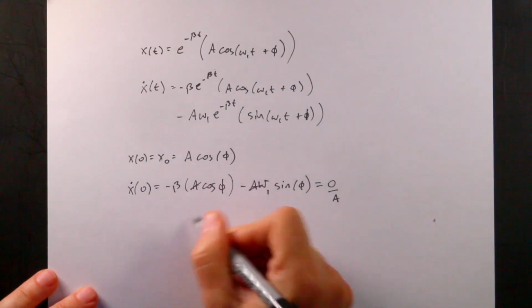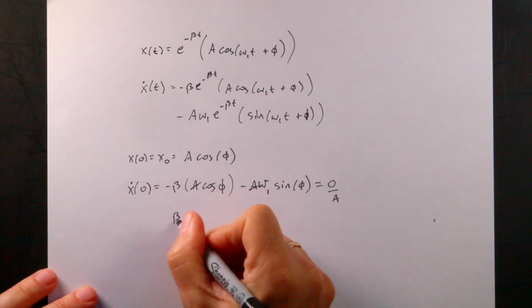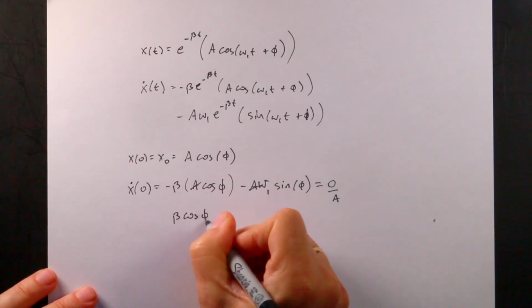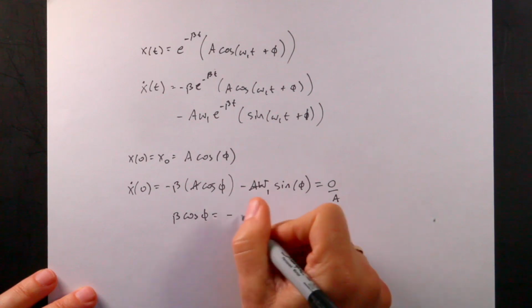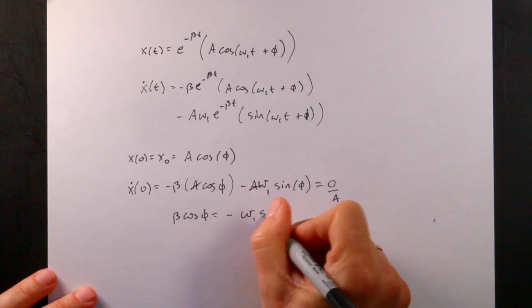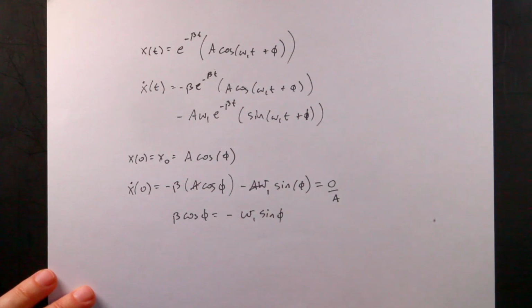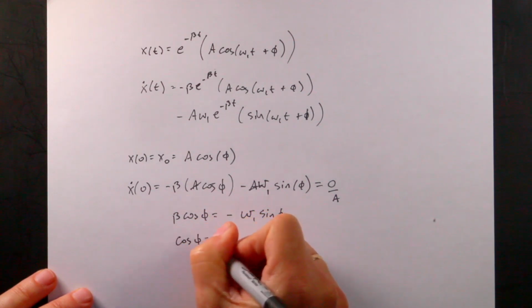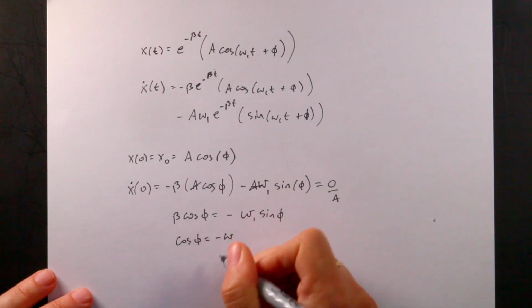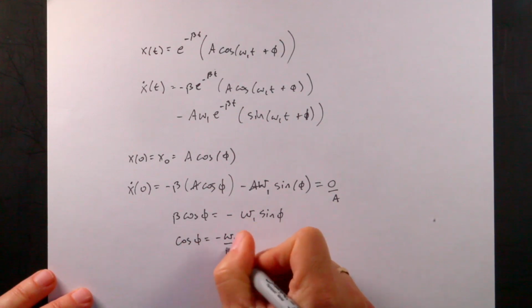Then I get beta cosine phi, and I'm going to move that to the other side, is equal to negative omega 1 sine phi. Is that right? If I move that, yeah. And then I'm going to divide both sides by beta, and I get cosine phi equals negative omega 1 over beta sine phi.